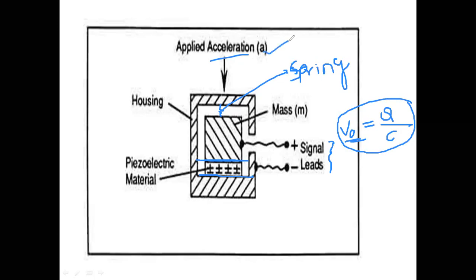This is called a piezoelectric accelerometer. The spring is used here to place the crystal in its original position when there is no input.